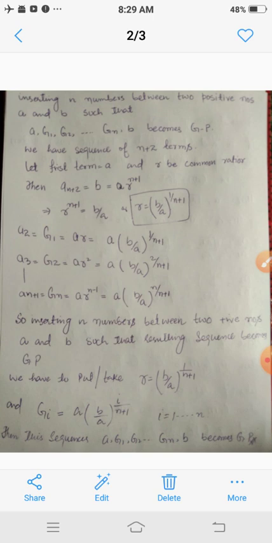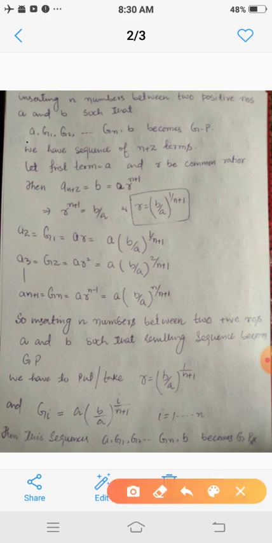Let g1 to gn be the n numbers between these two positive numbers a and b, such that the sequence becomes a, g1, g2, up to gn, b. Here we have how many terms? That is n plus 2 terms, because a and b are 2 and we are inserting n numbers.